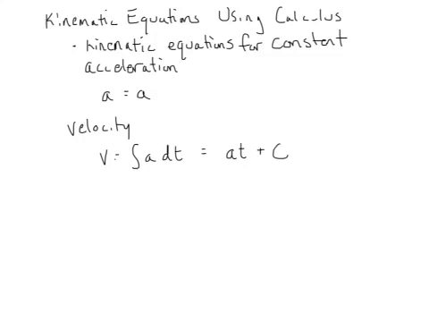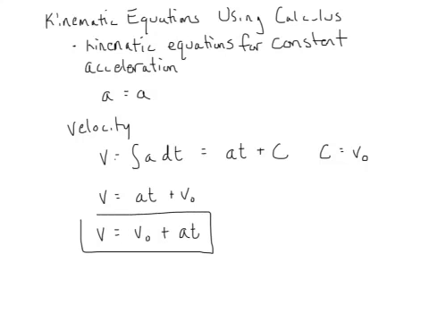And as we said earlier in class, c in this case is just the initial velocity of the object. So what we end up with then is that v equals at plus v naught, or the more traditional way of writing it, which is that v equals v naught plus at. And so that is our first kinematic equation.